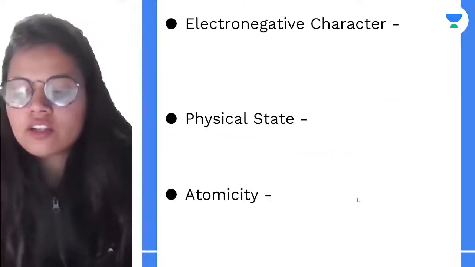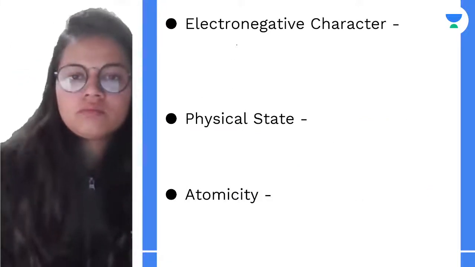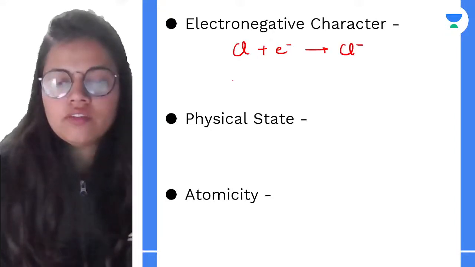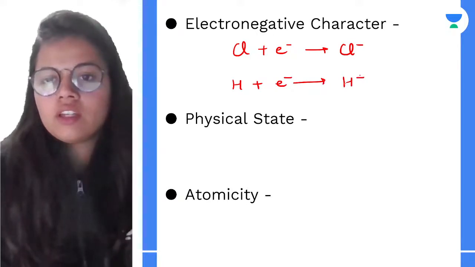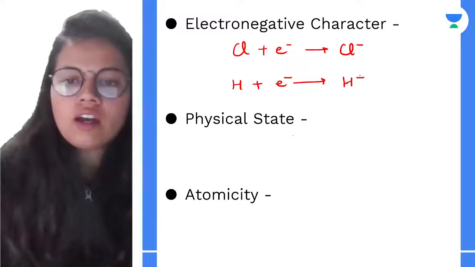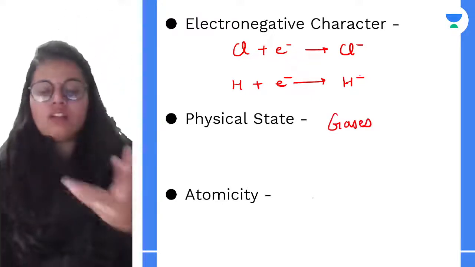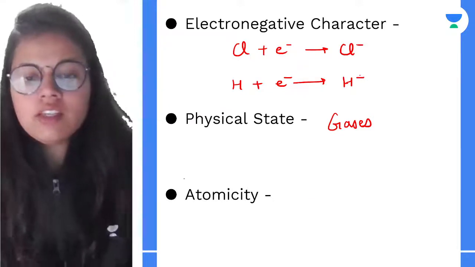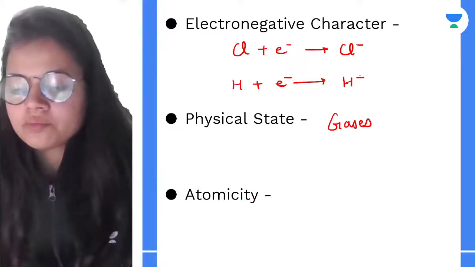Next is the electronegative character. The same thing we discussed: they take an electron easily to achieve a negative charge. Next is physical state. They are all gases. Halogens are normally in the gaseous form, and hydrogen is also present in the gaseous form. Next is atomicity.